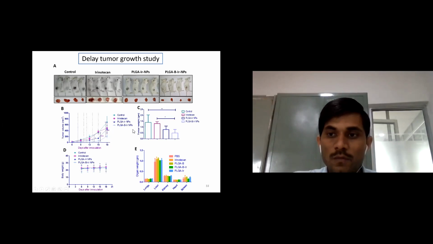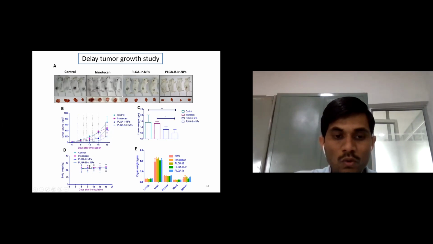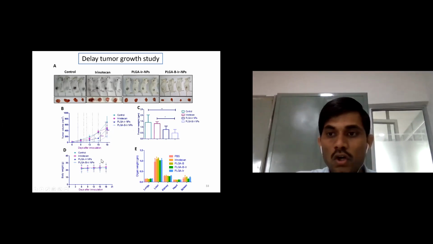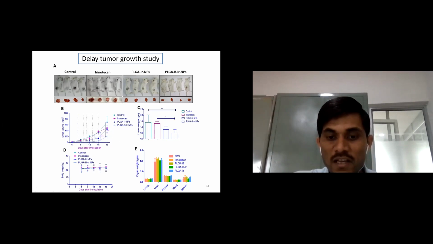After sacrifice of these mice, we collected the tumors, and there is a difference in the weight of the tumors. In body weight measurement, we observed no change in the body weight of the animals, which indicates the non-toxicity of these nanoparticles. Similarly, there is no change in the organ weight.